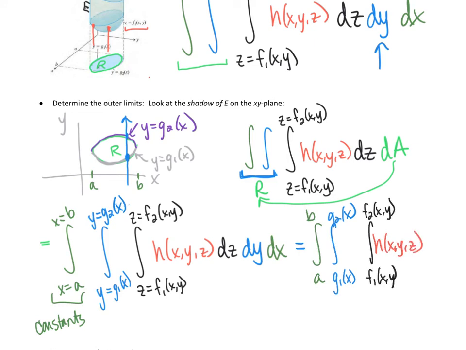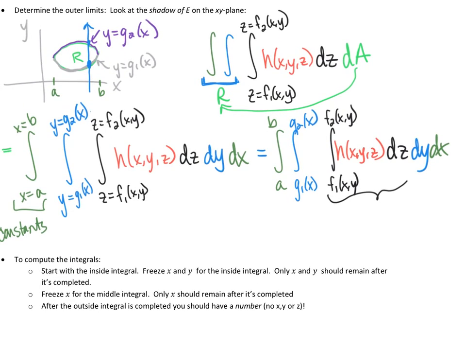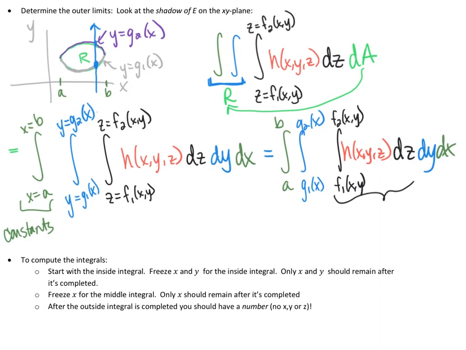Okay, so then to actually calculate it, you're going to do exactly what we were doing with double integrals. You're going to start with the innermost integral first, in this case, integrate with respect to z. So I'm thinking of both y and x as constants. And then once I've completed that whole integral, only x and y should remain.